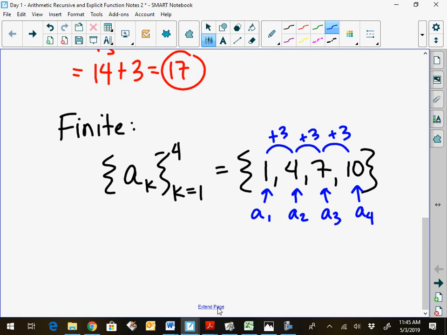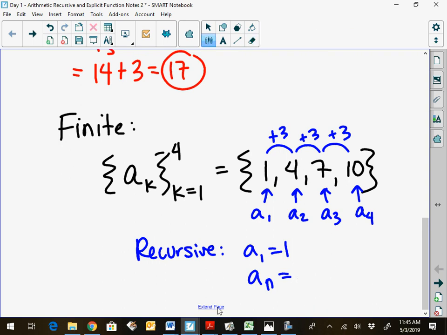Well, we added 3 here, we added 3 here, we added 3 here, right? So if we write this one in recursive form, we could say a sub 1 equals 1, and then a sub n equals the term right before. Notice how it was written in a sub k, so let's do that also.